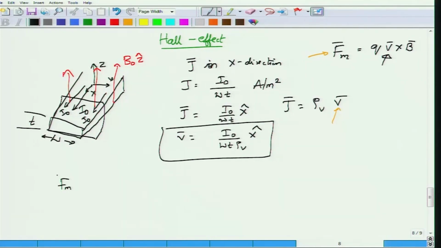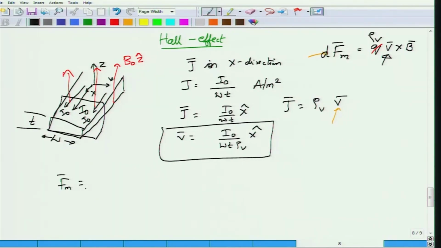So what would be the magnetic force? Since this is not a single charge but rather a charge distribution, I need to modify this equation slightly. This becomes dFm, the infinitesimal force experienced by the charge carrier, and in place of Q, that becomes rho V, correct.